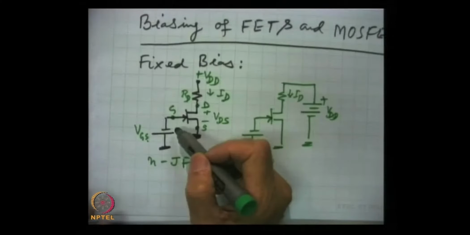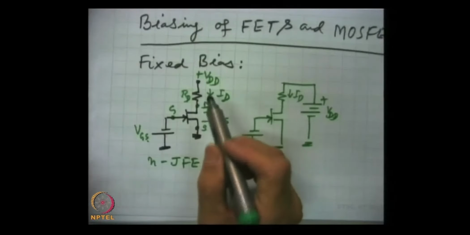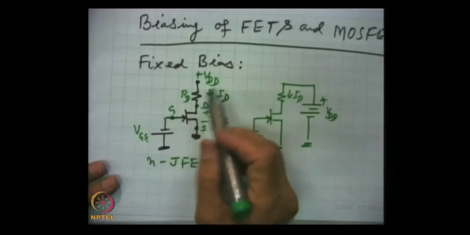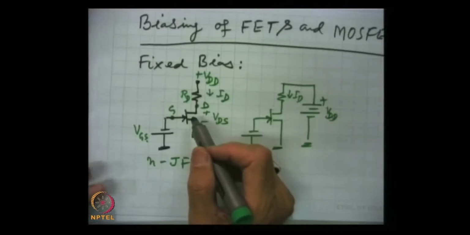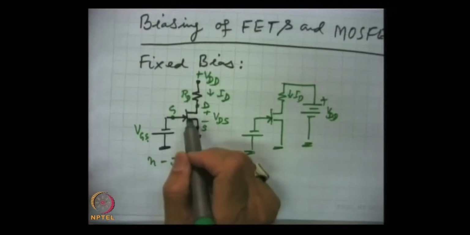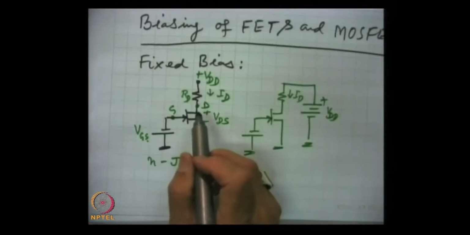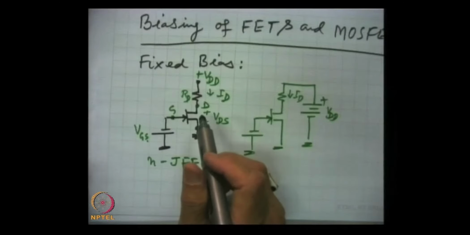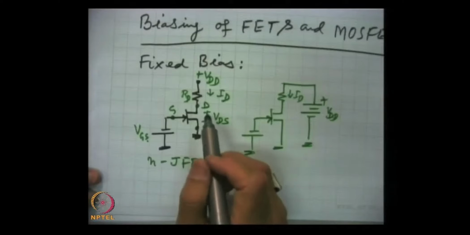What is the meaning of fixed? It is called fixed bias because it will not provide any stability to the circuit against the variations in the device or in the temperature. Device variations may occur because of two reasons basically. For the continuous use of the device, sometimes their characteristics change.